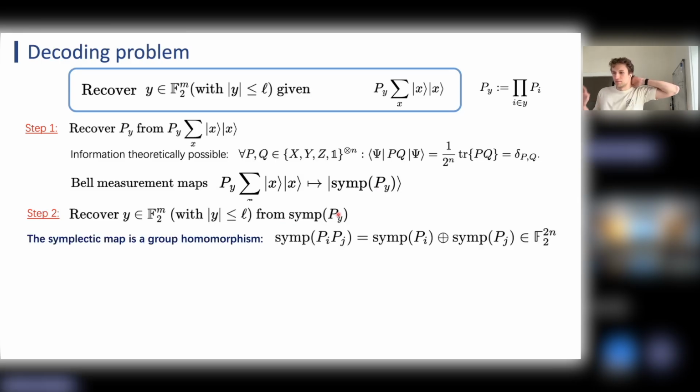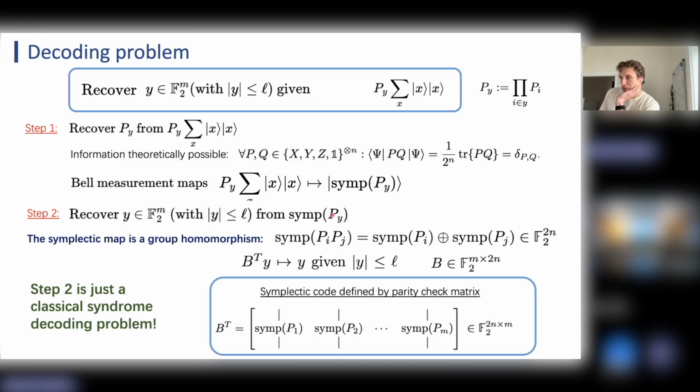But this is now just a simple linear decoding problem, because the symplectic map is a group homomorphism into some abelian quotient. If you take the symplectic map of a product, you just XOR together the symplectic maps of the constituents.